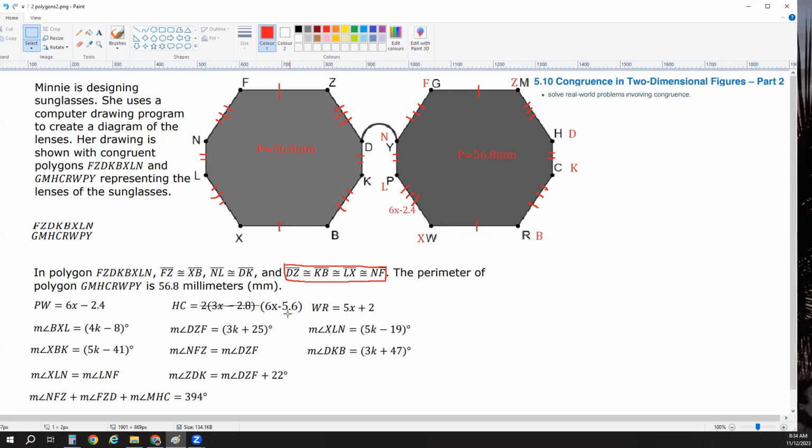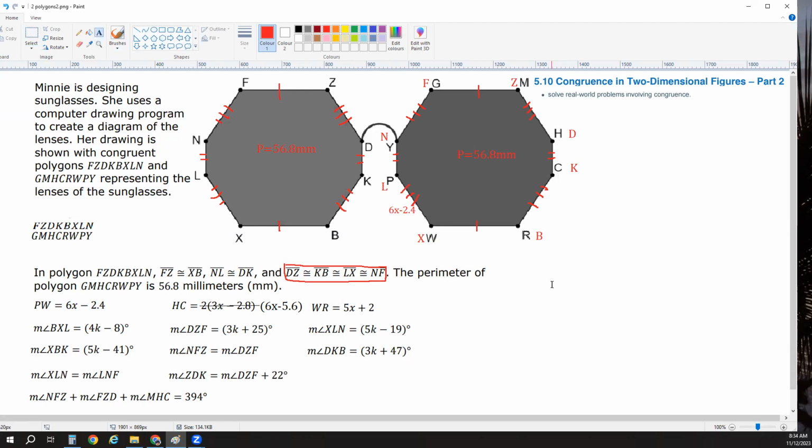Okay. And I have HC. HC is this little guy over here. And every one of these little three hashes is the same everywhere else. So this is the same as this, the same as this, and the same as that. So HC is 6x minus 5.6.